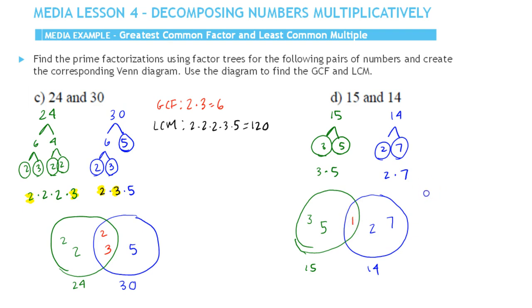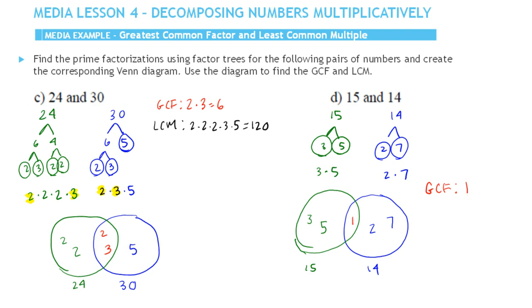So their greatest common factor is the product of the numbers in the intersection, which is just 1. So that's a nice fact to know. If 2 numbers do not have any prime common factors, then their greatest common factor is 1. And remember, 1 is not considered prime or composite. It's special enough that it's neither.